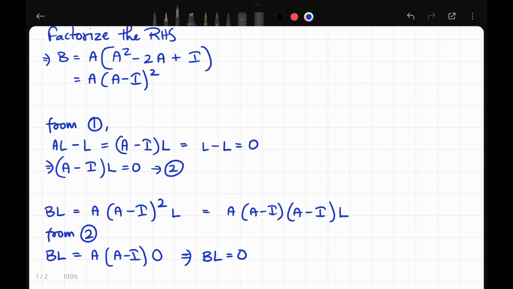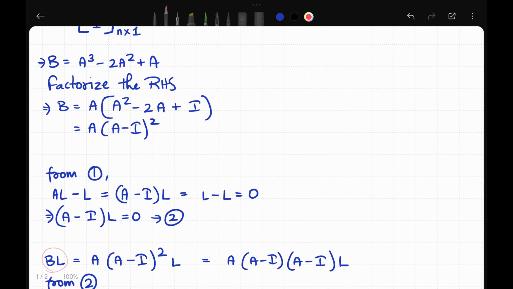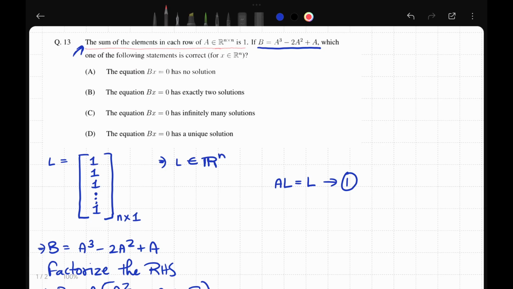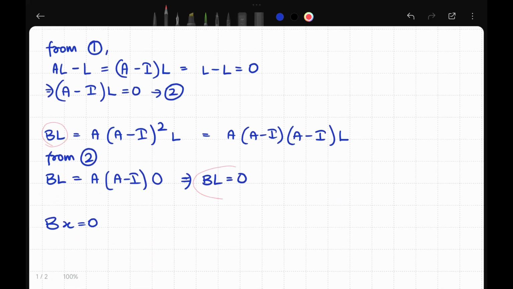So basically from this what we have gotten is a solution for the equation Bx equals 0, where x is L. That's why we had considered BL here. So we are trying to find the number of solutions or the nature of the solutions for Bx, right? That is what the question is asking. So this basically solves it.